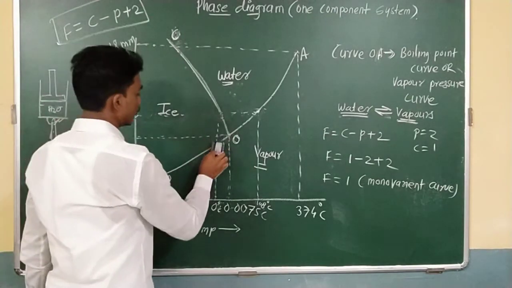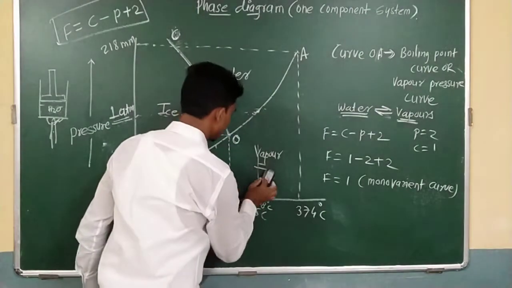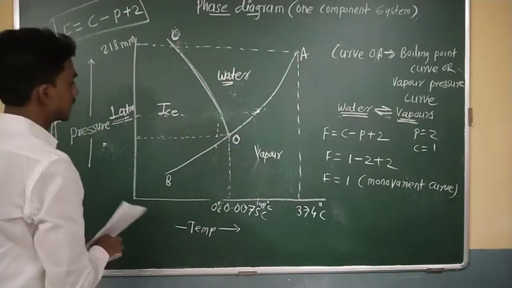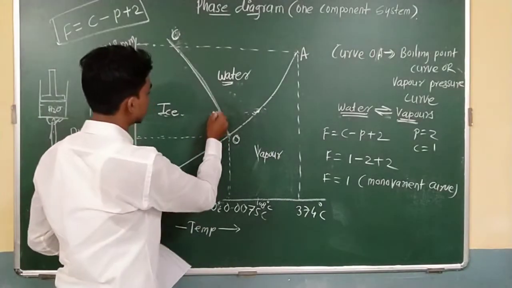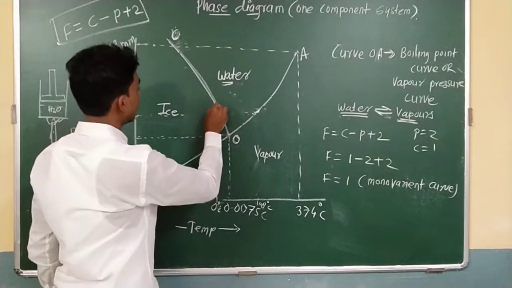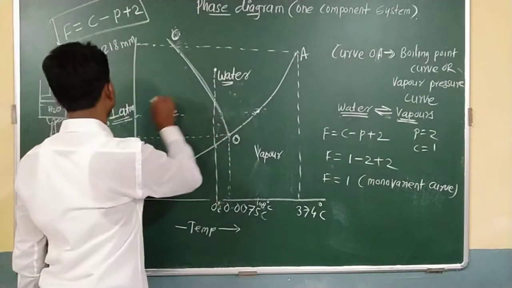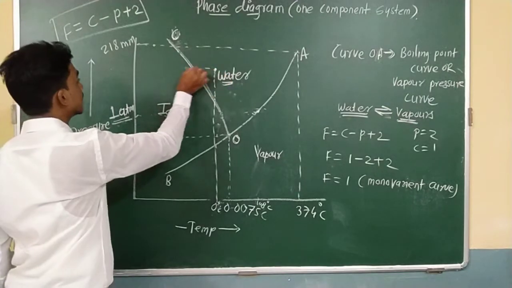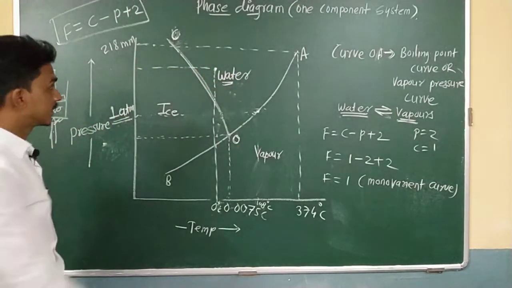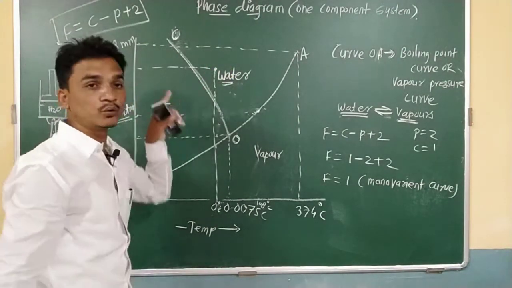When I keep the temperature constant, say 0 degrees Celsius, and increase only the pressure, I will get this point. At that point, what will happen?